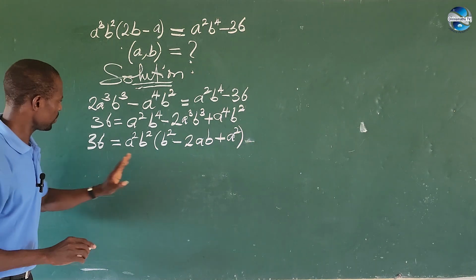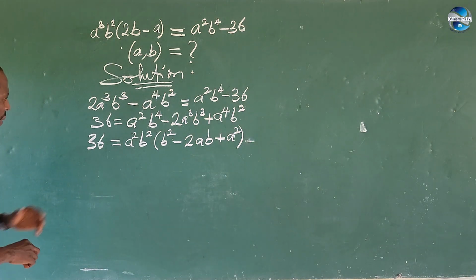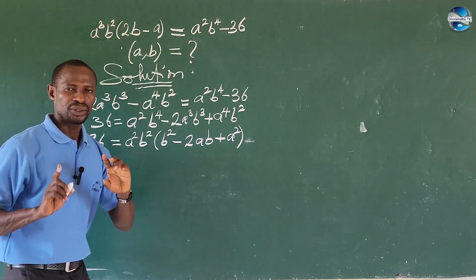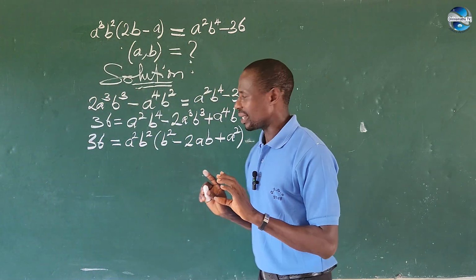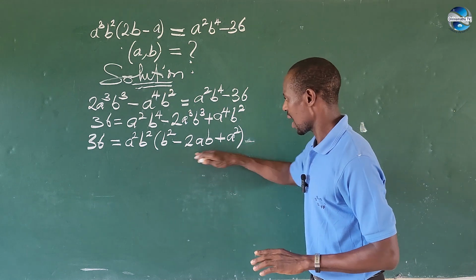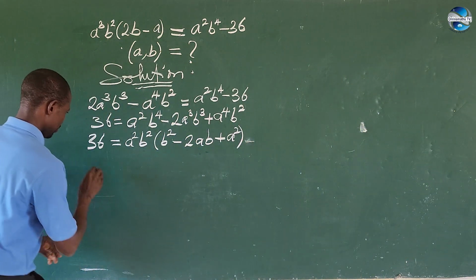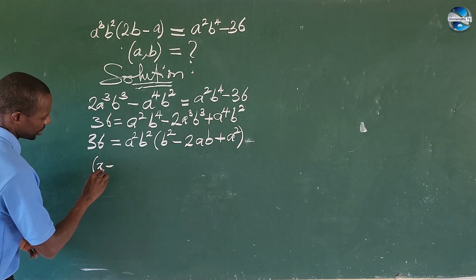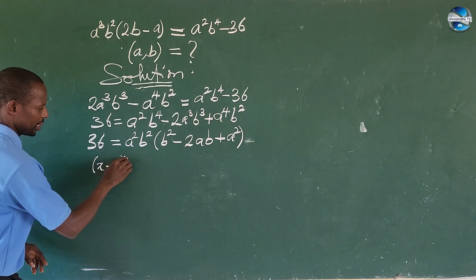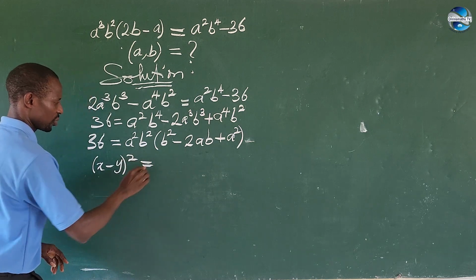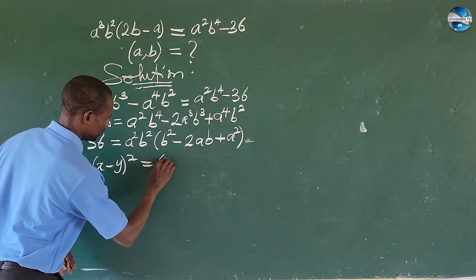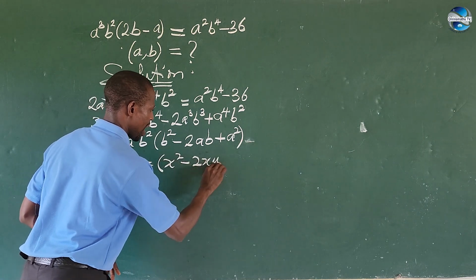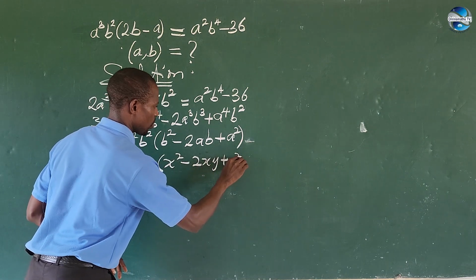Now from here we look at this again. If you look at this expression inside the bracket, we have an algebraic identity playing out. Remember that x minus y, all squared, is equal to x squared minus 2xy plus y squared.